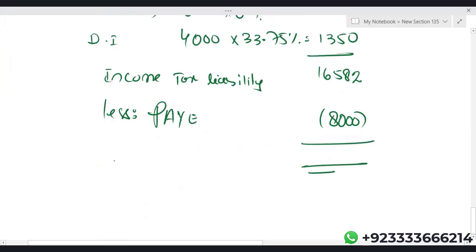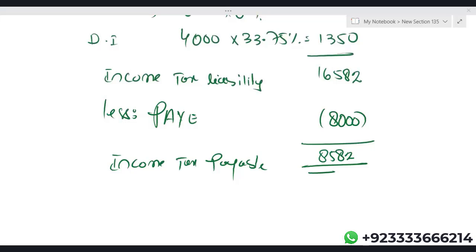So here comes your income tax payable. I'm getting 8,582. So students, okay, that's great. Other students also have the same result. That's great to see that students are getting the same results. Good.